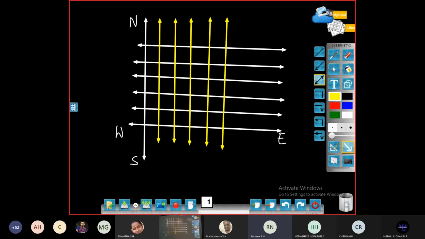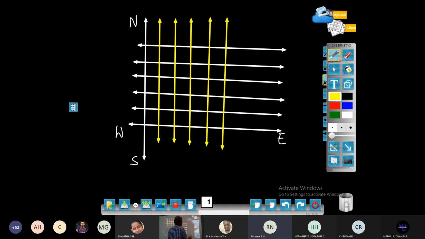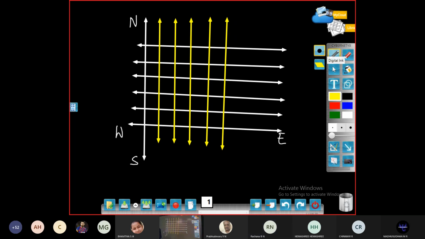You know, 5 streets for each road, that is, one is north-south direction, another one is east-west direction. So you can mention this as street number 1, 2, 3 like that.